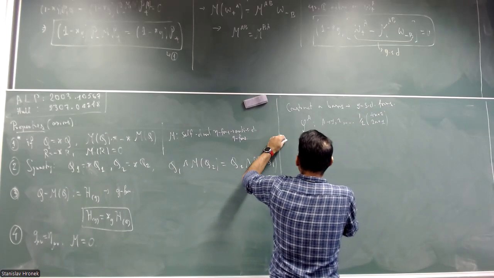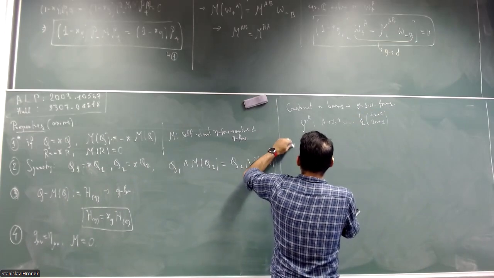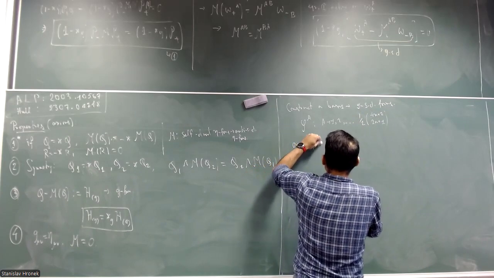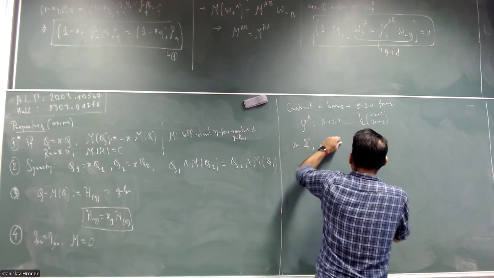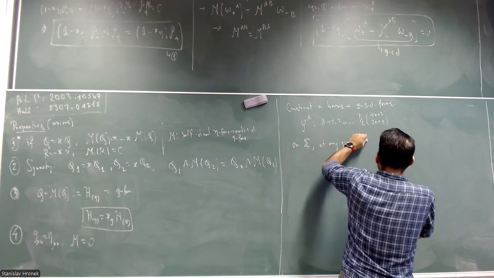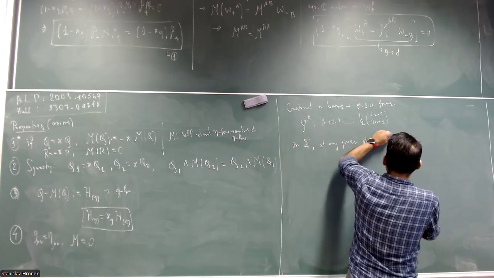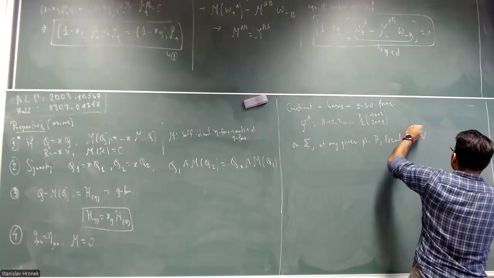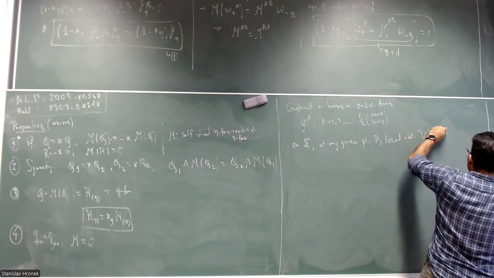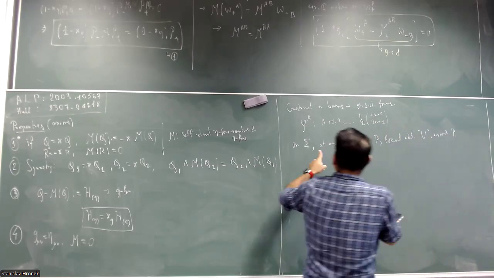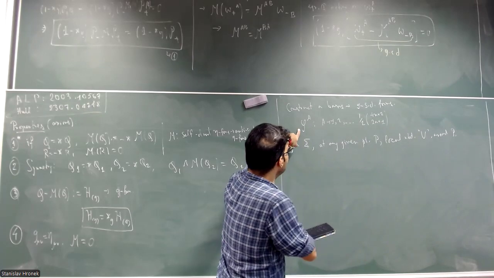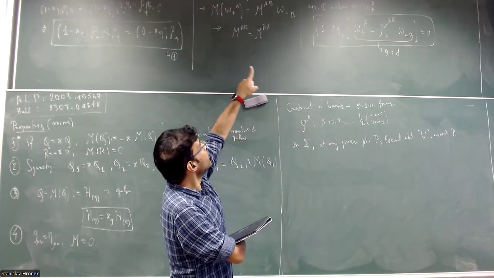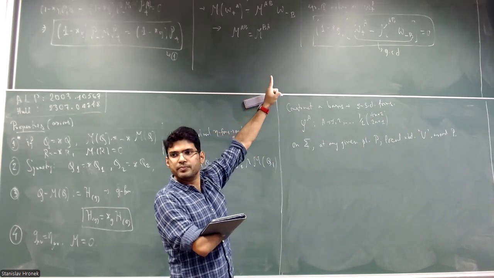Now, here is the sort of crucial thing. On the physical manifold, I call it sigma, at any given point P, you can choose a local neighborhood, say U around P. And in that local neighborhood, I should be able to express this basis as some sort of linear combination of omega plus and omega minus.